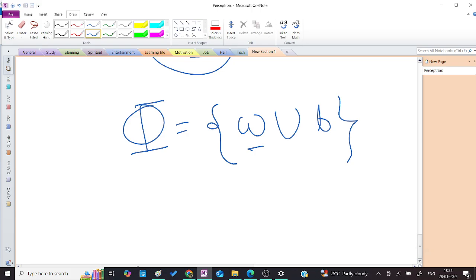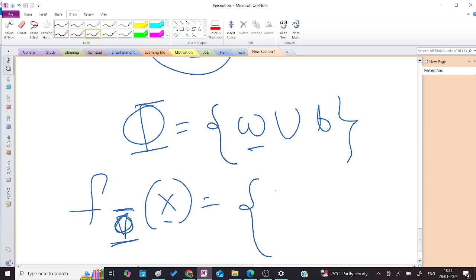Okay, so our perceptron is really giving output as 1 or 0.